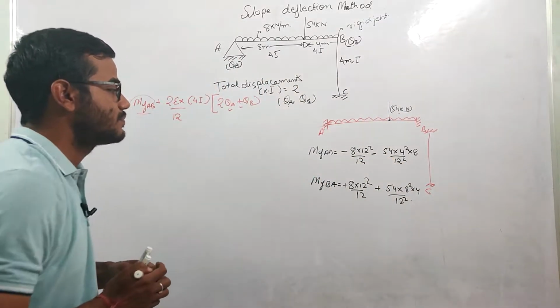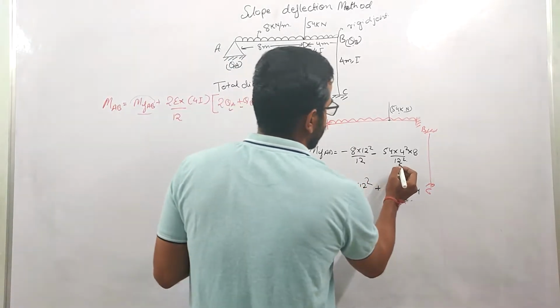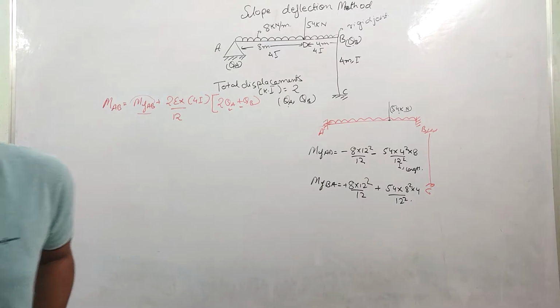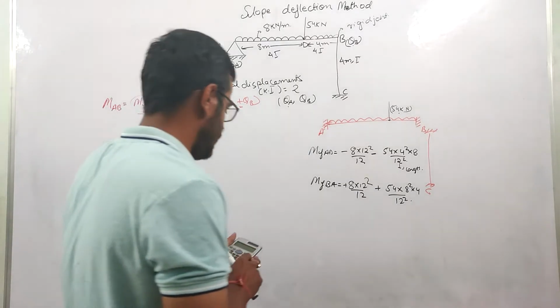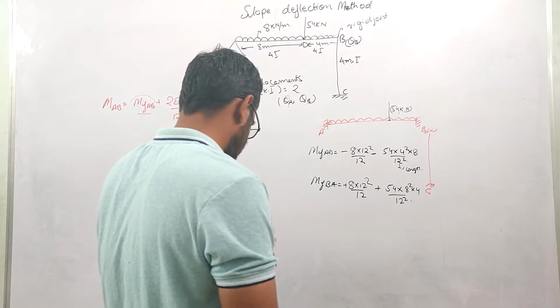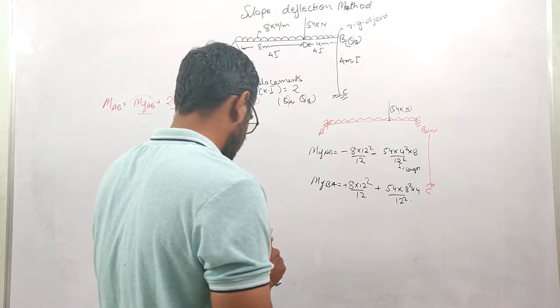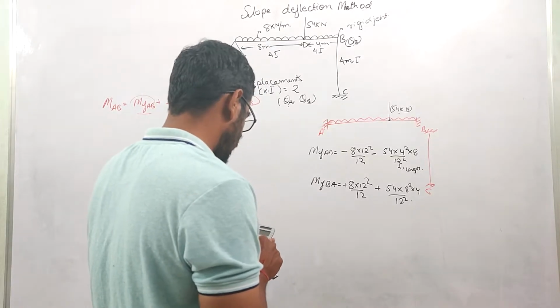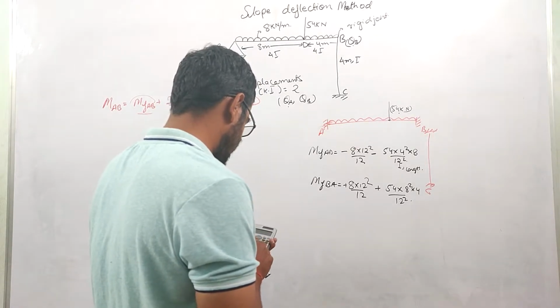This is basically the length of the beam. So if I calculate this value, four square into 8 divided by 12.